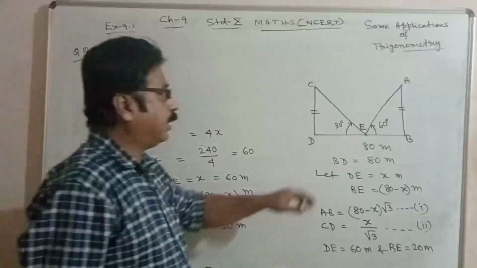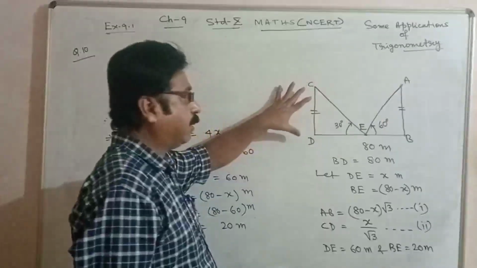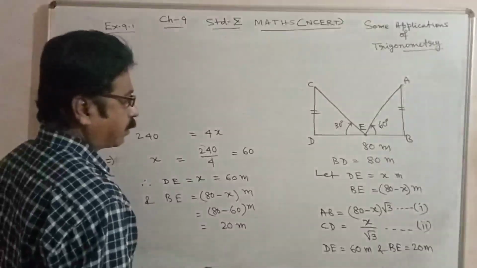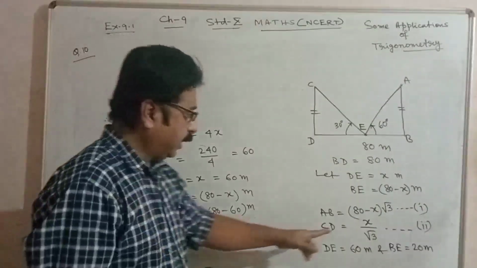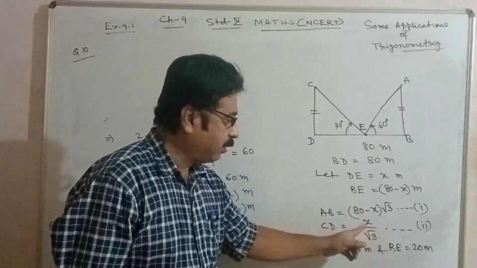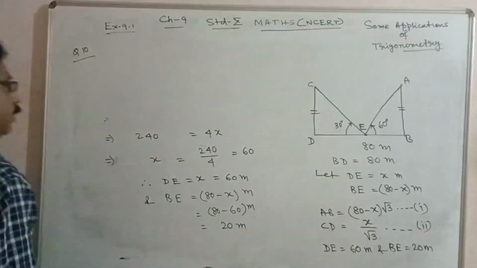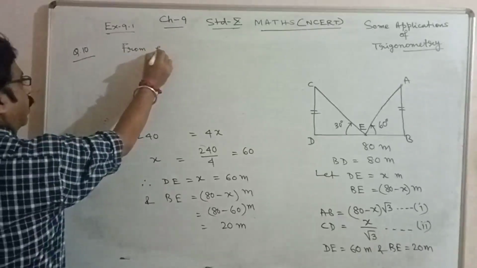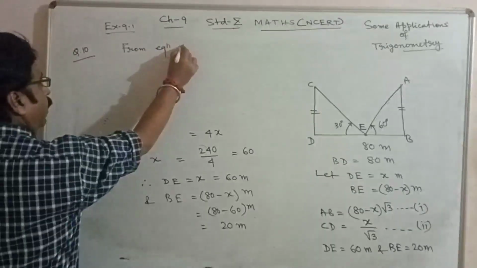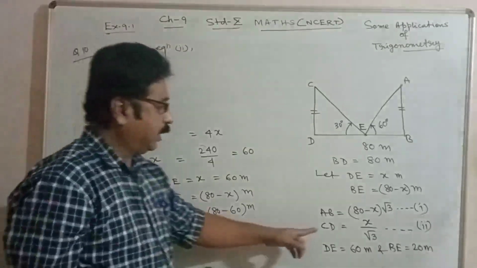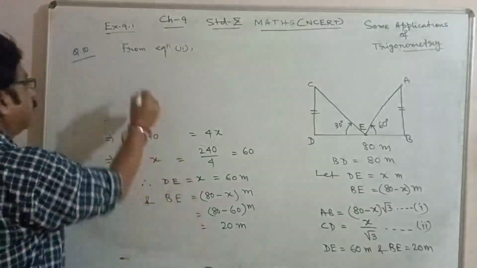Now we have to calculate the height of AB or the height of CD. Both are equal. Therefore, in any one equation, here or here, put the value of x. From equation 2, CD is x upon root 3.